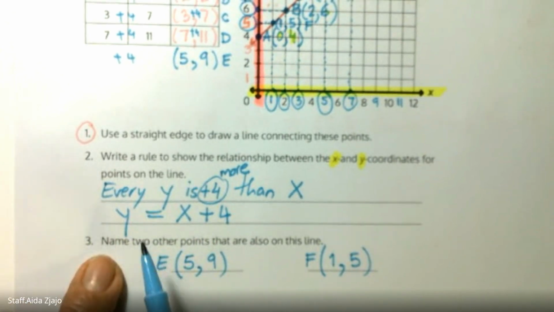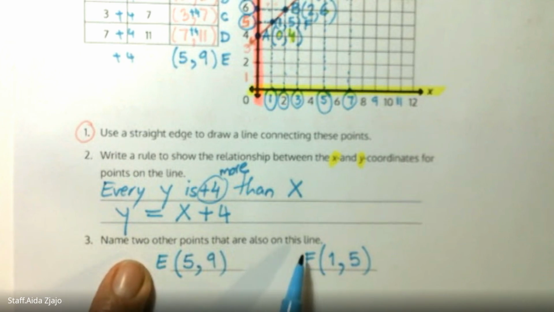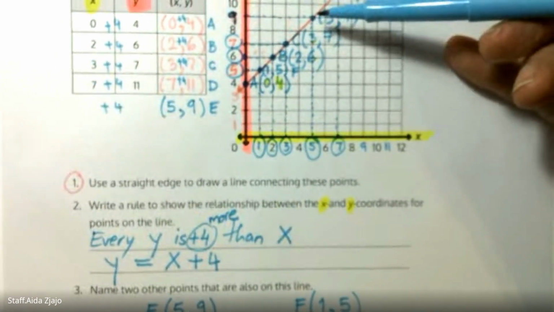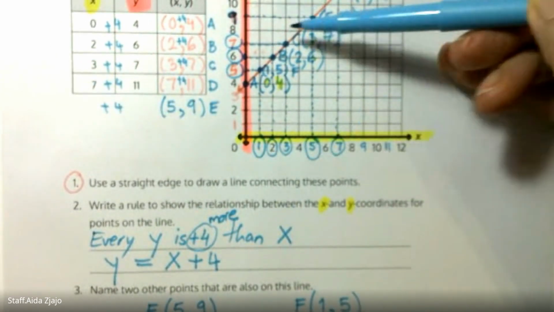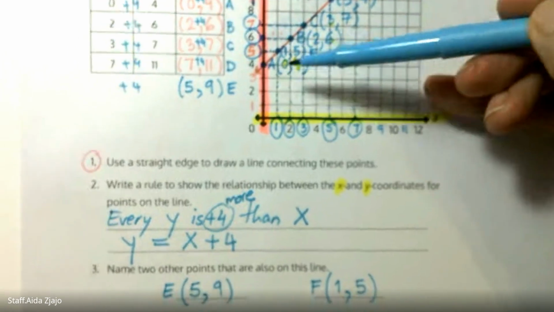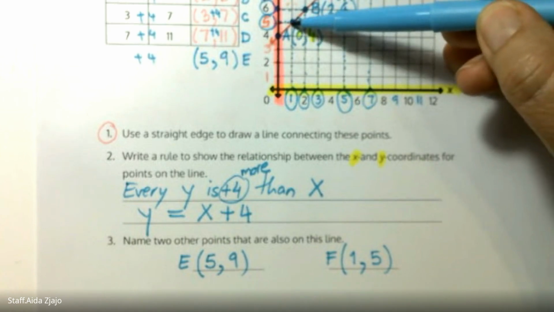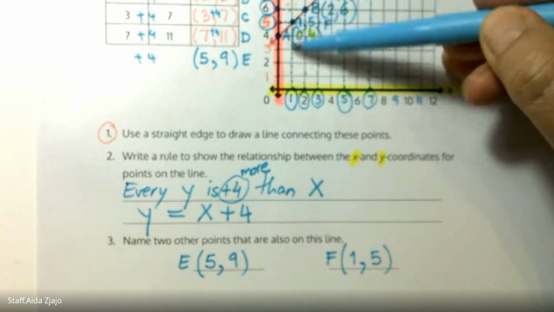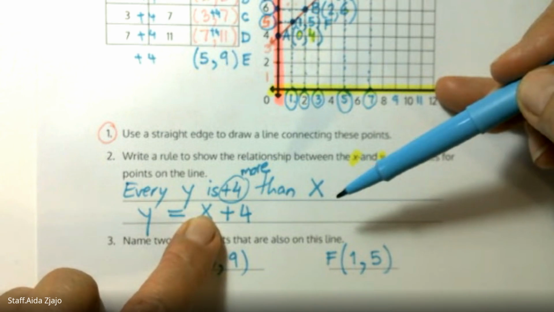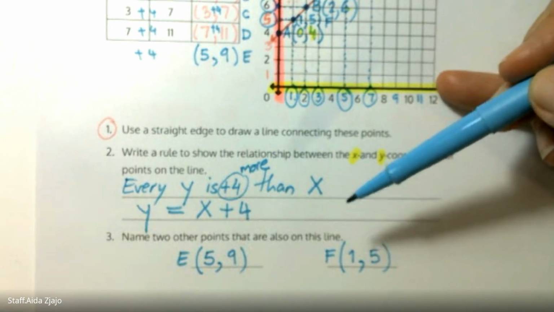And that is the relationship. Name 2 other points that are also on the line. If this is a point on the line, we have 5 and 9. 5 plus 4 makes 9, so that's correct. And then we chose one more right here. Point on the line, x is 1, and if we plug 1 in for x, 1 plus 4, y has to be 5.